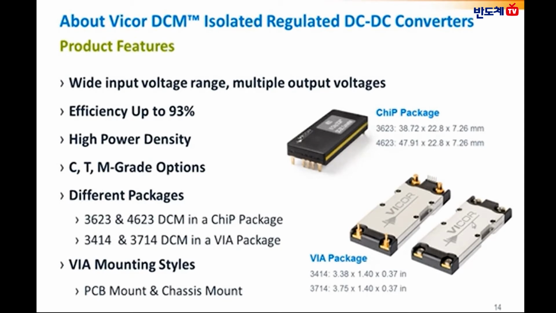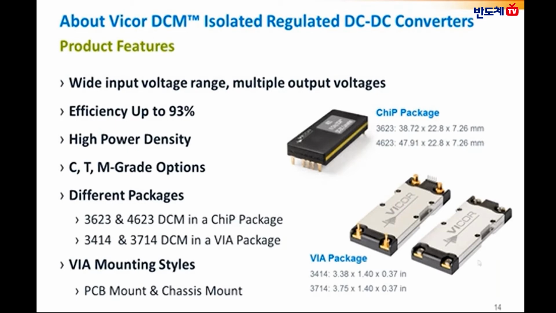The DCMs are available in different packages, and the DCMs in a VIA package are available in multiple mounting styles, such as PCB mount and chassis mount. The figures of the PCB mount version as well as chassis mount version can be seen on the right corner.